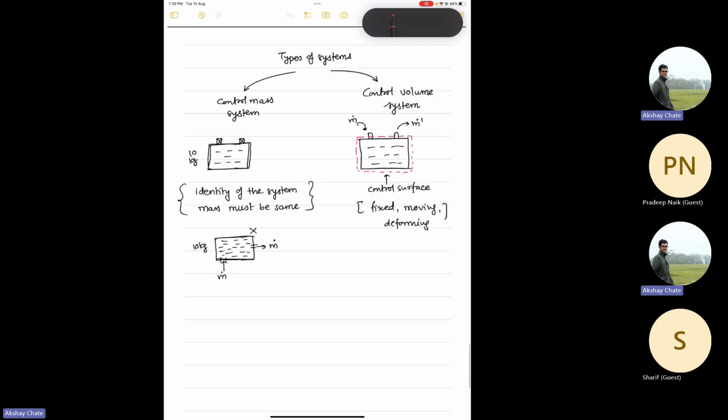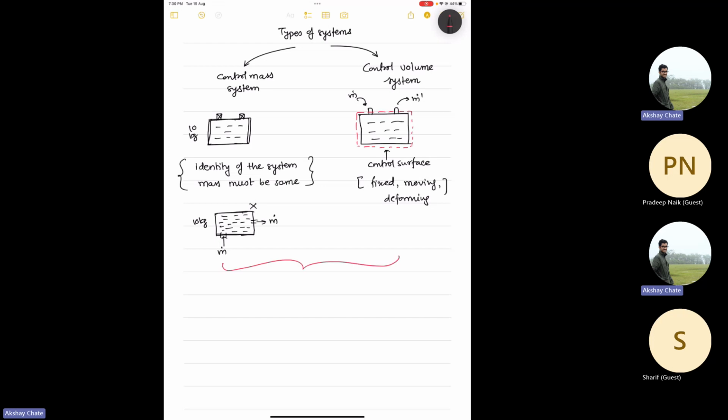The Reynolds transport theorem, or RTT as it is referred to in short form, connects the control mass approach and the control volume approach.